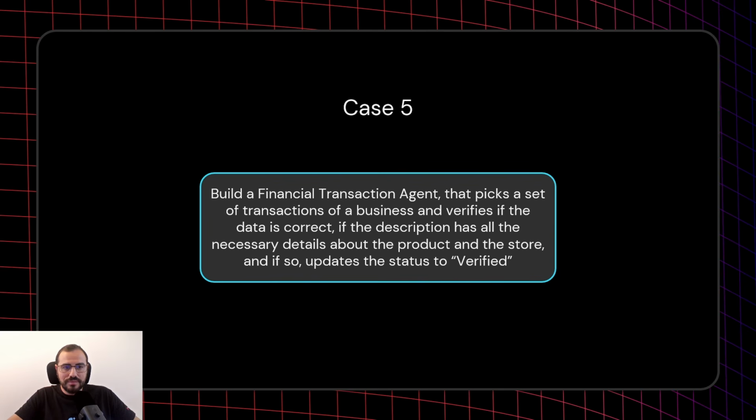So in here, what should be the correct answer? Is this a good use case for an agent or not? This might be similar to the use case 4, but there is a small difference, which is that we are asking the agent to verify the description and check if there are some conditions in that description. And that description is unstructured information, right? Because we might have a store that puts first the product name, then the name of the store.